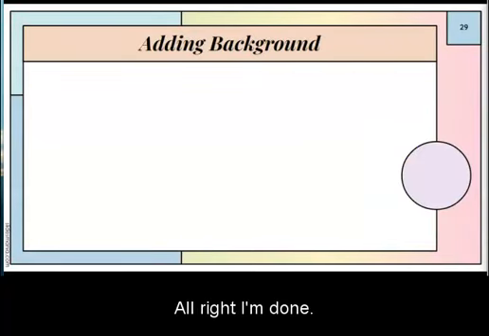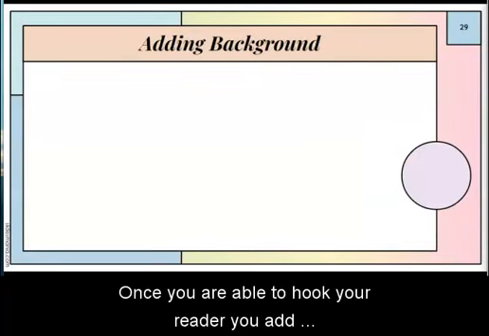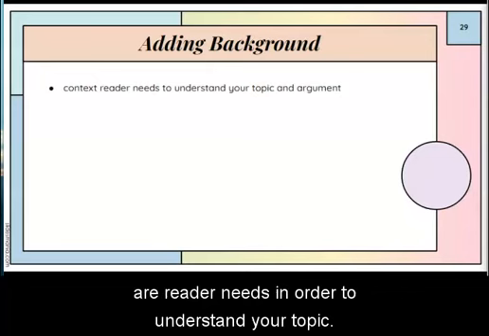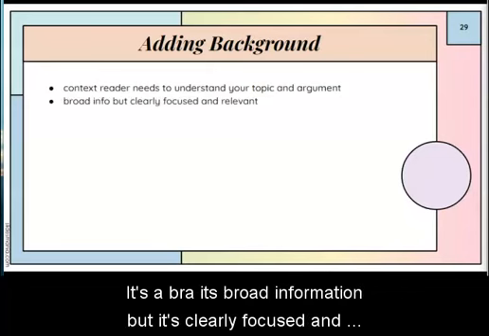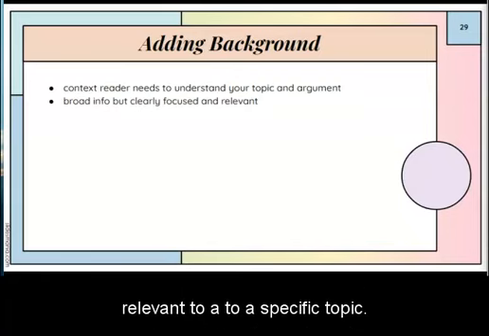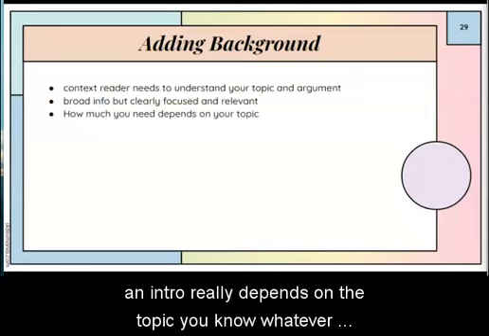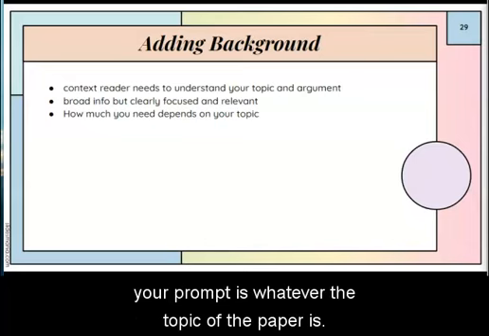All right, and then once you are able to hook your reader, you add background information, okay? This is, again, the context that a reader needs in order to understand your topic. It's broad information, but it's clearly focused and relevant to a specific topic. Okay, how much background information you need to add in an intro really depends on the topic, whatever your prompt is, whatever the topic of the paper is.